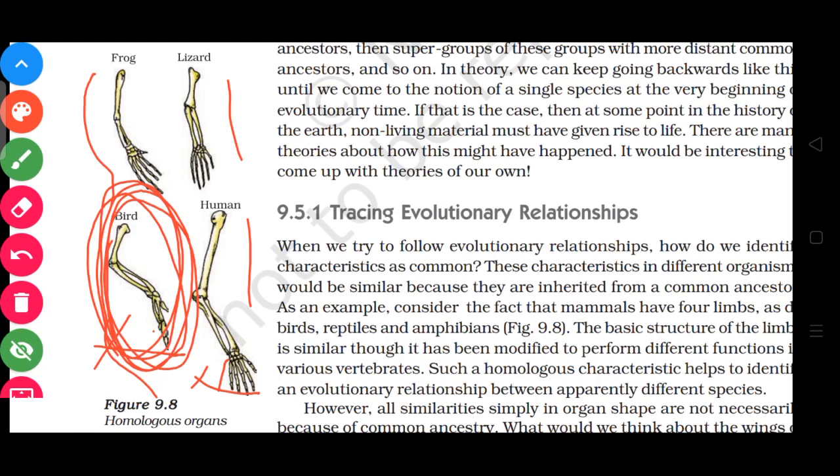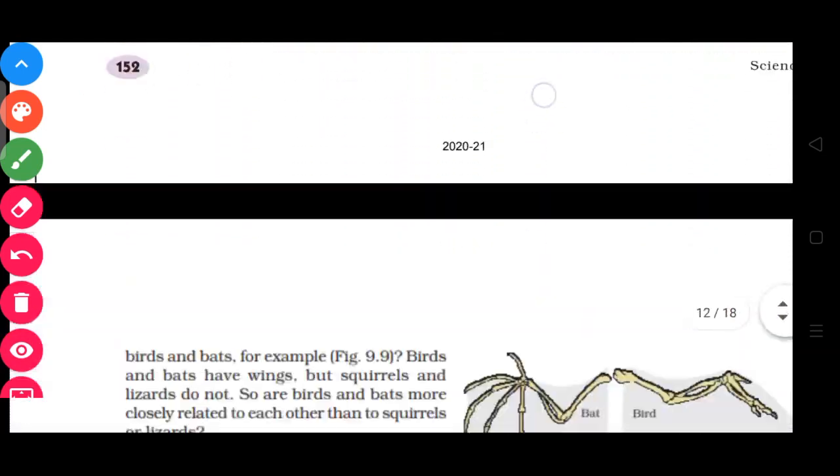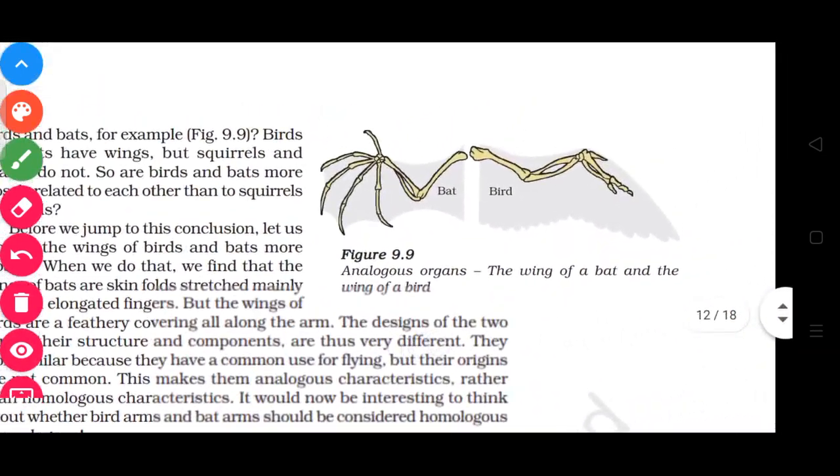Okay, then the next one is analogous organs. Now see the two pictures of a bat and a bird. The first one is the wing of a bat, and the second one is the picture of the wing of a bird.